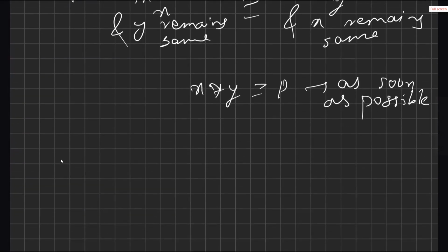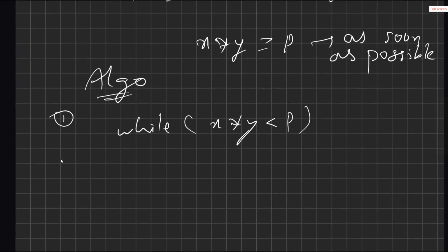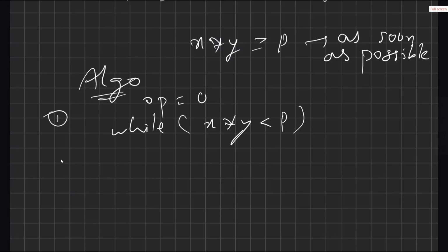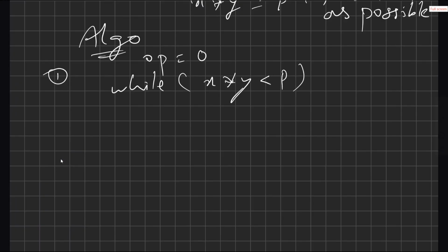Now the algorithm. First we create a while loop and keep going until x into y is lesser than p. We take one variable, operations, which is initially 0, meaning we have done 0 operations. In this while loop we will do the operations, and when we come out of the loop we print the operations.